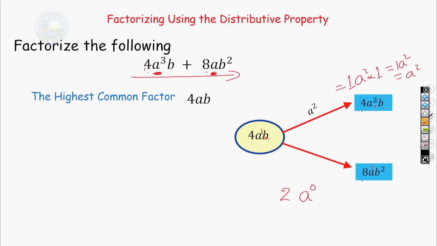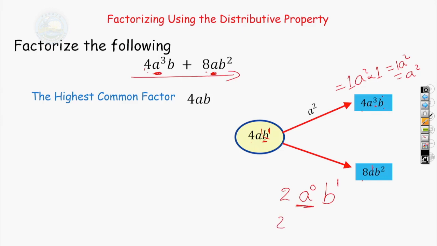Correct is right. Here I have b. And where do I want to get to? I want to get to b squared. So b by what b is going to give me b squared? This b here is b to the power 1. So I have 1, and I want to get to 2. 1 plus what is going to give me 2? 1 plus 1. Now remember, anything raised to the 0th power is 1.